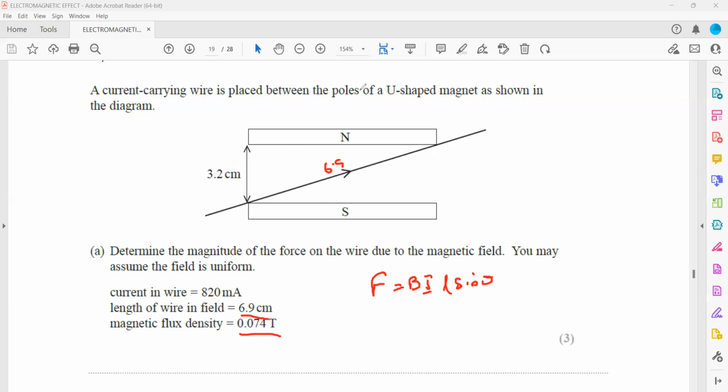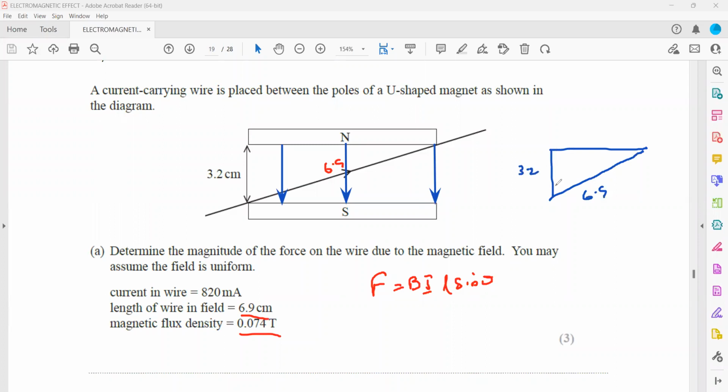The magnetic field will point from north to south. So what will be the angle between the magnetic field and the wire? This makes a right angle triangle. This is 6.9, this one is 3.2.